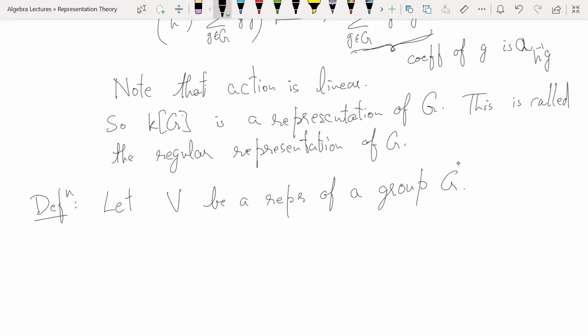This means you have a map from G to GL(V), or you can think of it as an action of G. A subspace W of V is called a subrepresentation.